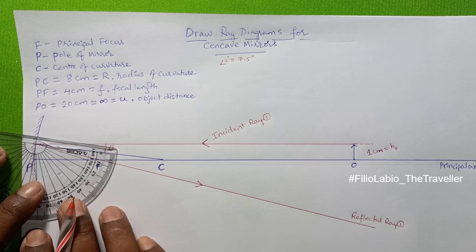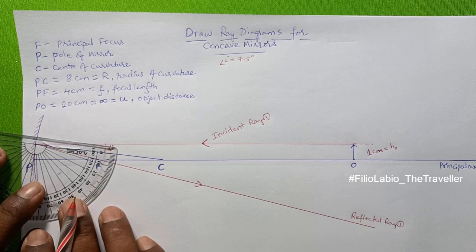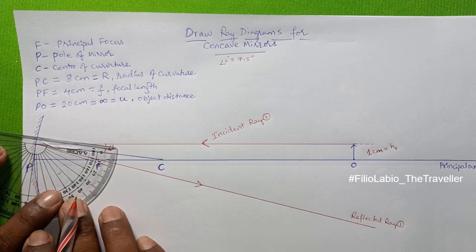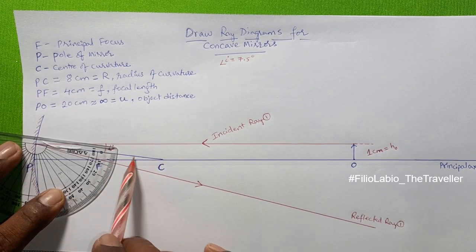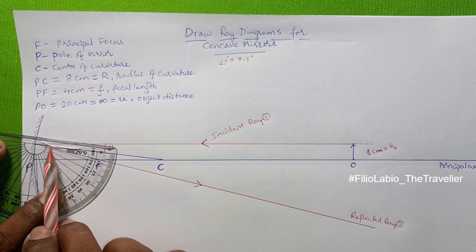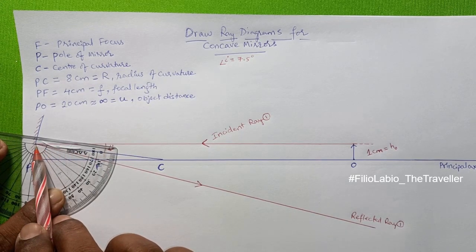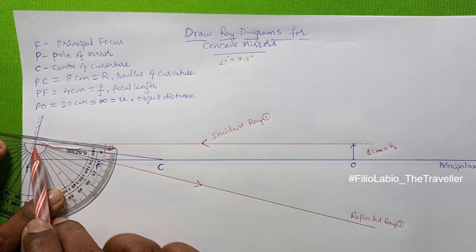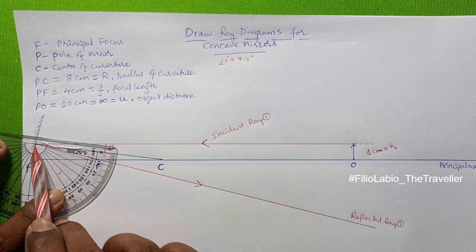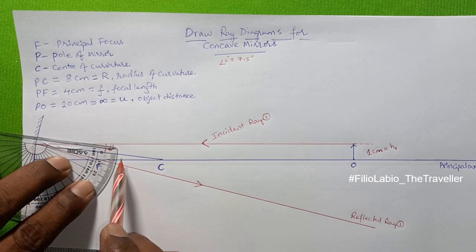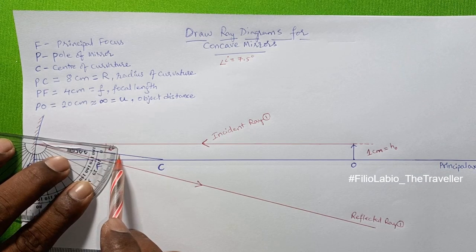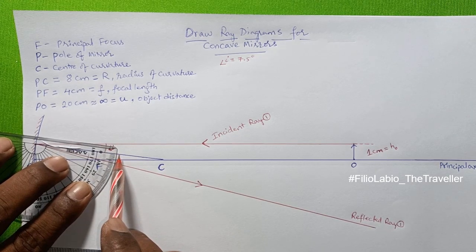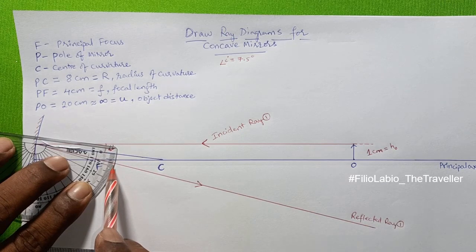Now again place the protractor, base of the protractor along the radius of curvature. That is, this is the radius of curvature. So along the radius of the curvature, the base of the protractor is placed. Now the center of the protractor must be at the point of incidence. Now measure again how much angle it is making. It is approximately between 7 and 8.